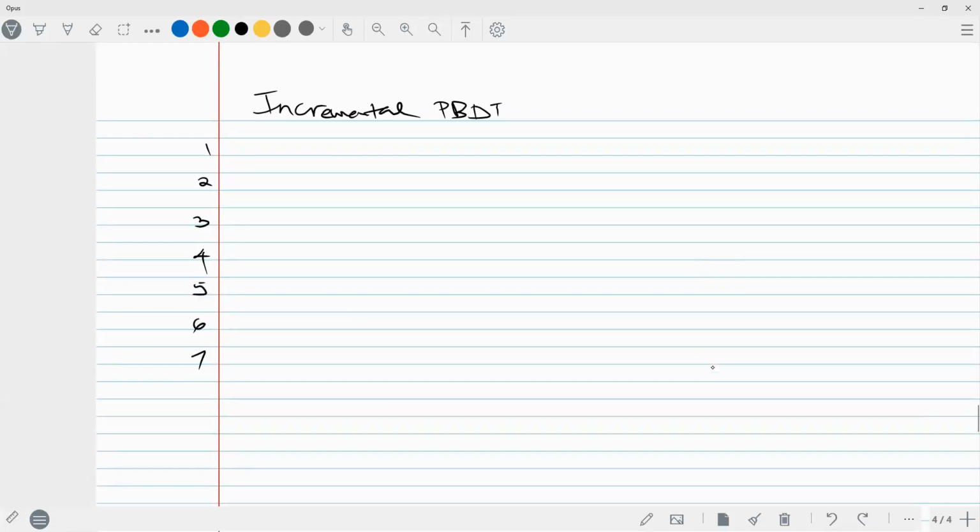Okay, straightforward. Therefore, first working: incremental profit before depreciation and tax. Year 1, year 2, year 3, year 4, year 5, 6, 7, 8, 9, and 10.